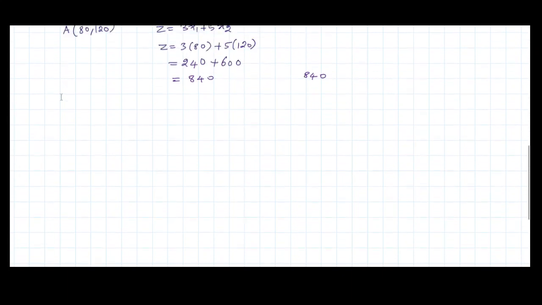The next point, B, equals 0, 200. Here the value is 3 into 0 plus 5 into 200, which is 1000.